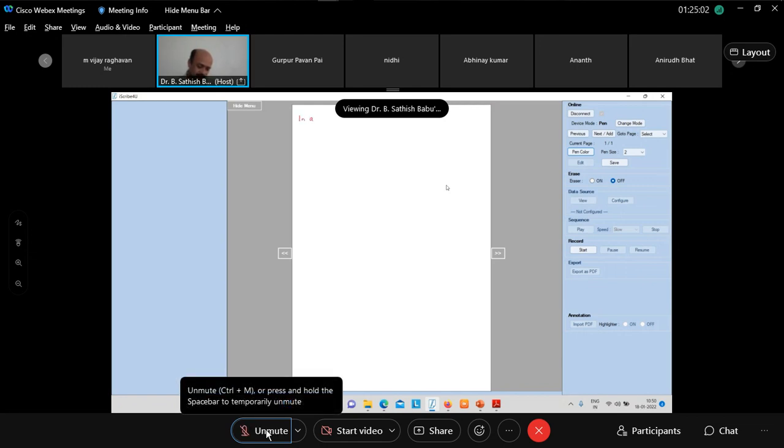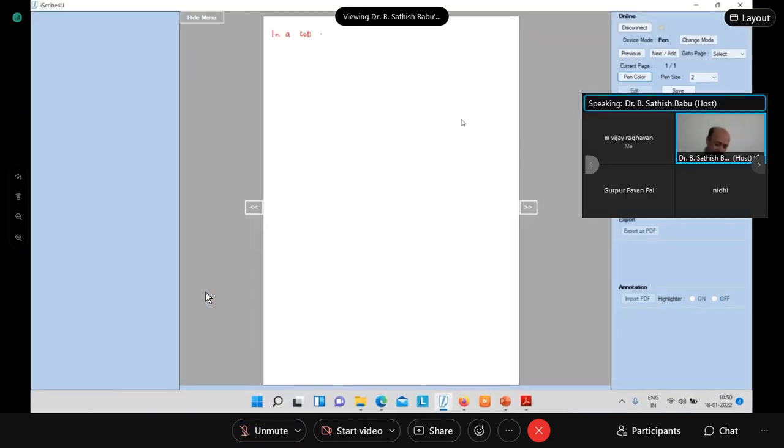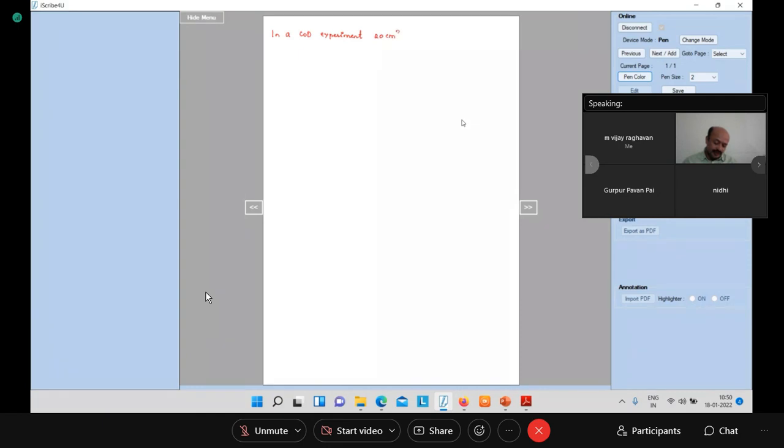In a COD experiment, this very important problem you should understand properly. Note down this problem: 20 cm cube of sewage sample is made to react with 25 cm cube of K2Cr2O7.